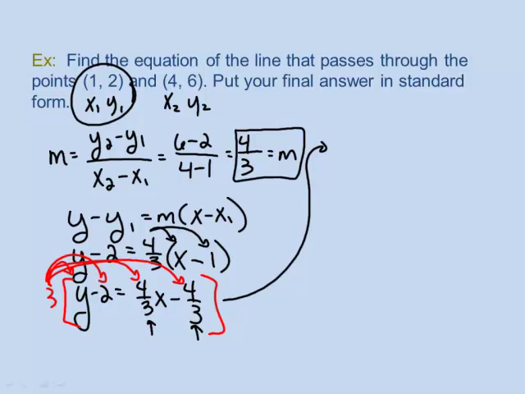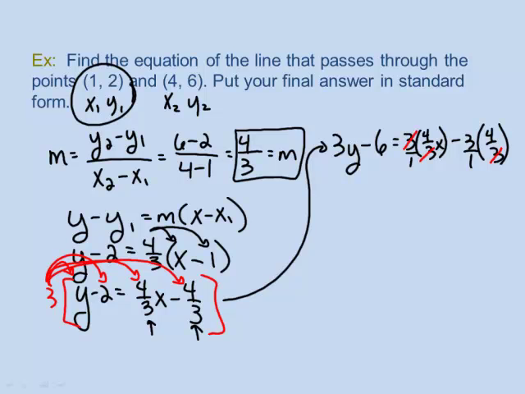So to distribute that 3, you get 3 times y, which is 3y, minus 3 times 2 is 6, is equal to, and I'm going to write this out longhand, 3 times 4/3 x minus 3 times 4/3. Now remember that 3 is up in the numerator, which means our denominators will cross-cancel out.